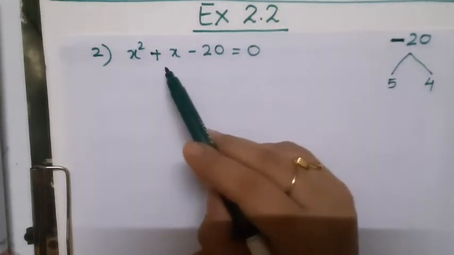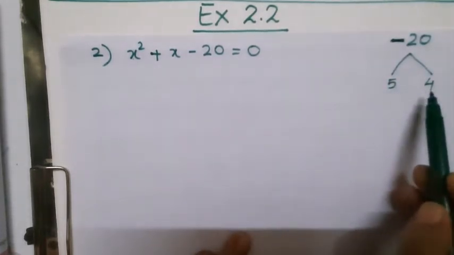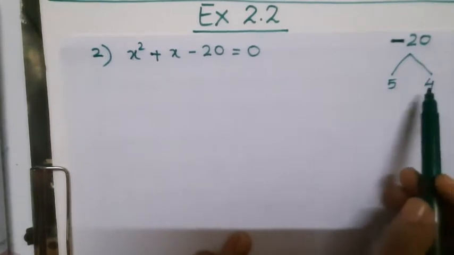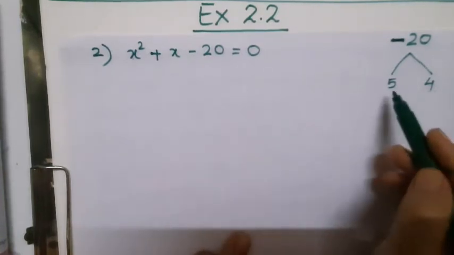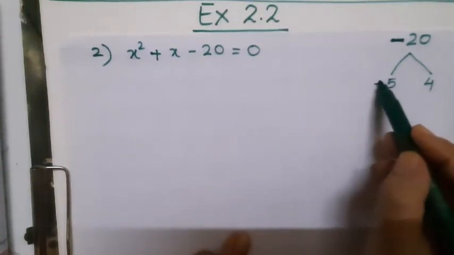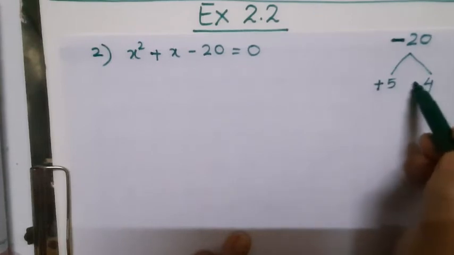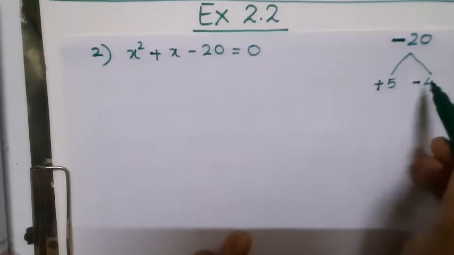Now to decide the sign of these factors, we must see the middle term. What is the middle term? Plus. So the bigger number will be plus and the smaller number will be minus.